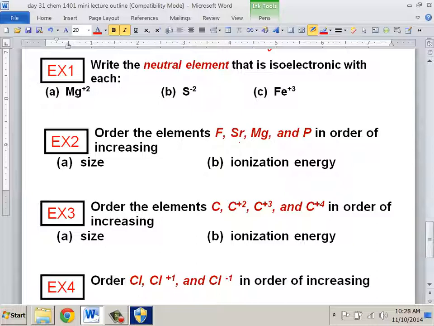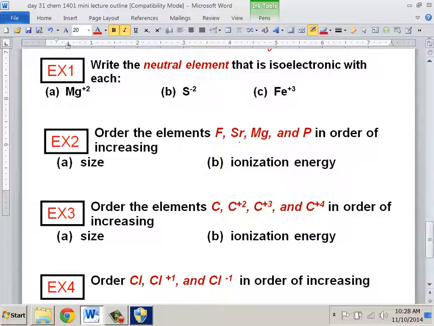No, I just want you to name the element, or give the chemical formula for it. Like magnesium, it's either going to be 1, 2 silicon, or it's going to be 1, 2 neon.